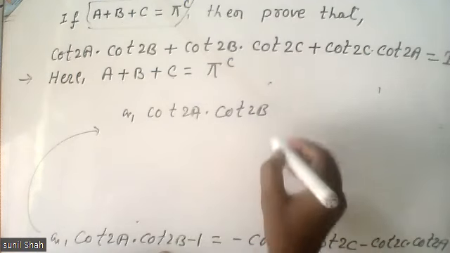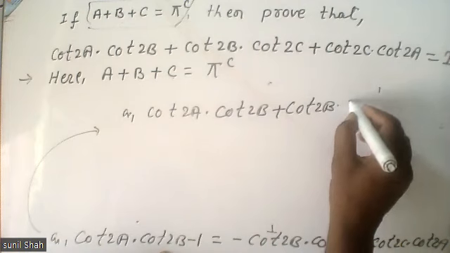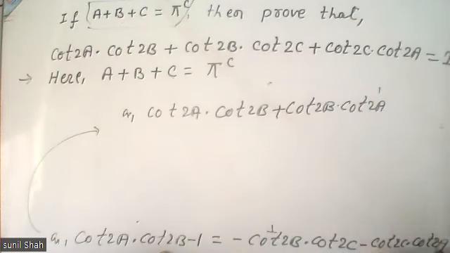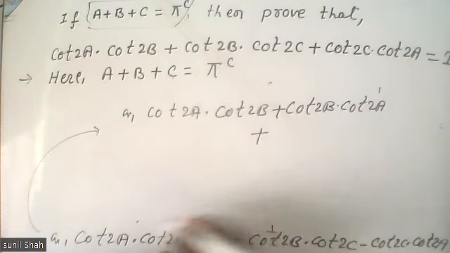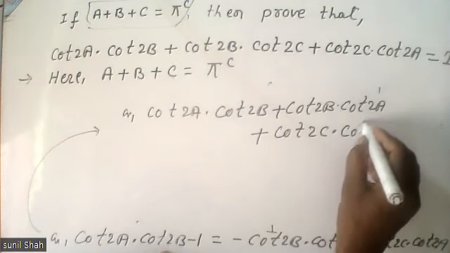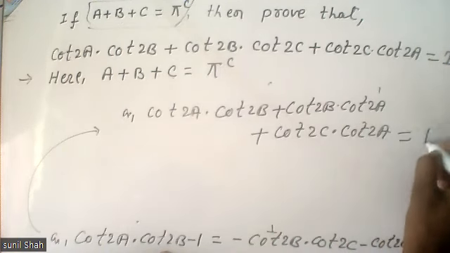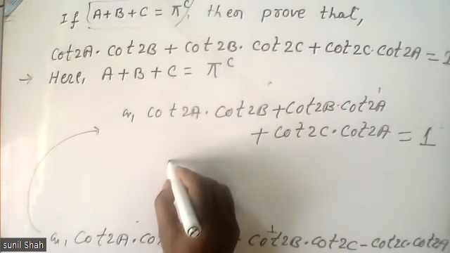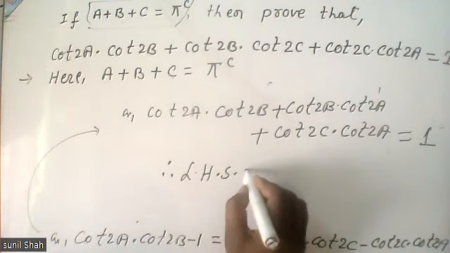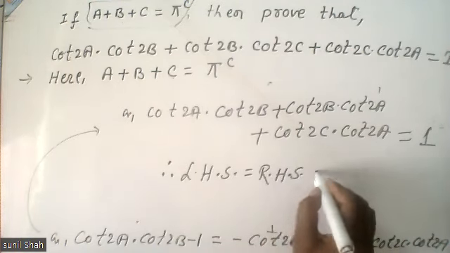This will be plus cot 2B into cot 2C, and this also will be plus when shifted to the left side, cot 2C into cot 2A, and this one goes to the right side. This will be plus 1. Therefore, LHS is equal to RHS. Proved.